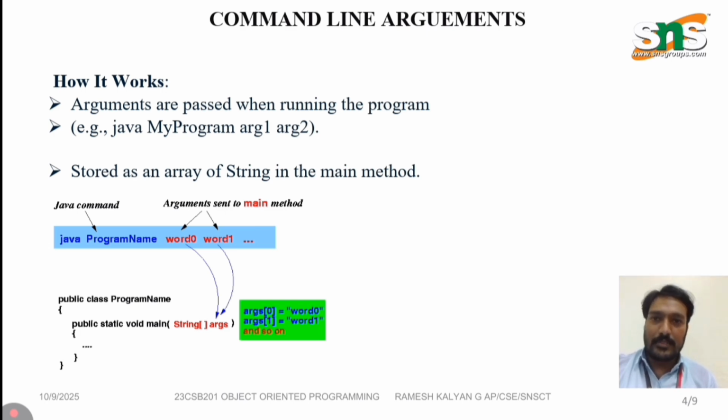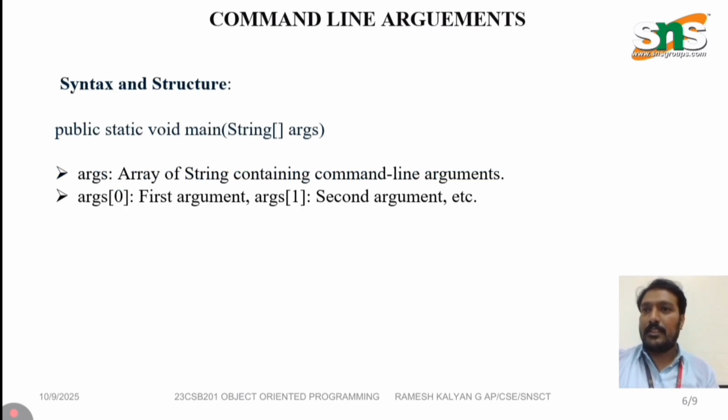The arguments are taken as strings, and this process is carried out in the main function, that is public static void main, where we add String args array. This is the line where we are going to pass the arguments. As the arguments are taken as strings, it is given as String args array.